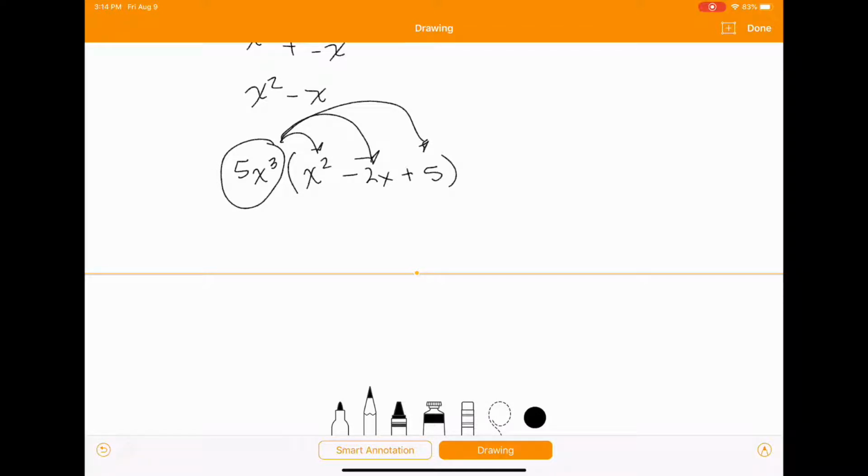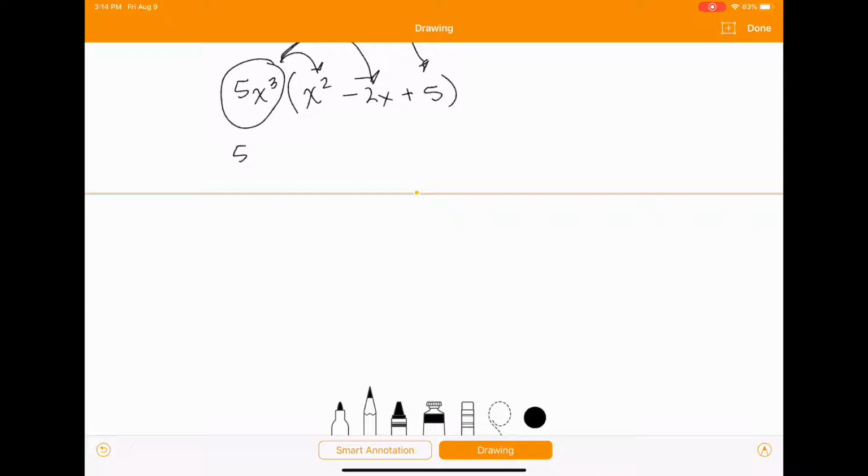So, we're going to have 5x cubed times x squared plus 5x cubed times negative 2x plus 5x cubed times 5. So, when you multiply monomials together like that, you're going to end up multiplying the coefficients together and then the variables together, and then multiplying those together.